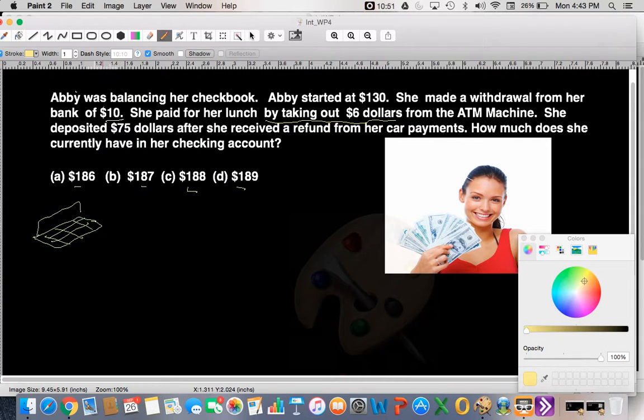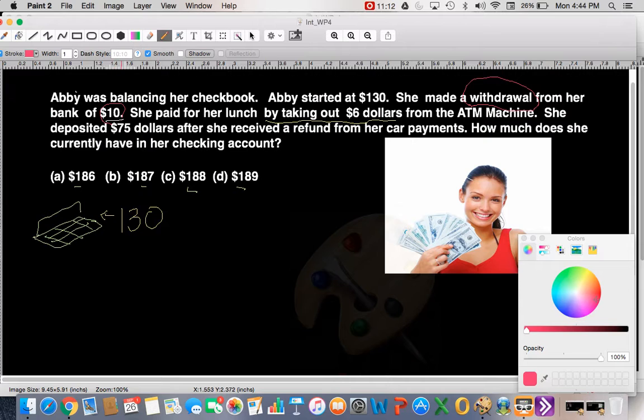Let's remember that. And she made a withdrawal. Withdrawal is positive or negative? Of course, it's negative.